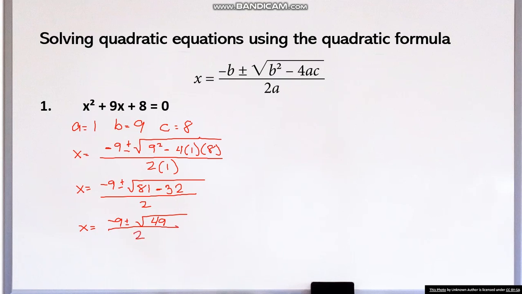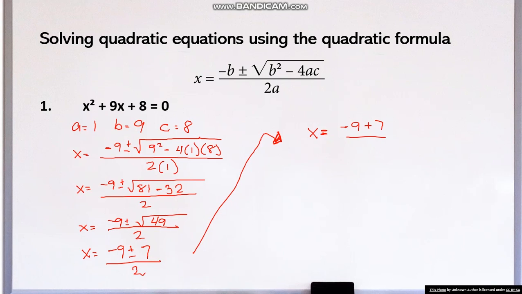Continuing this one, x equals negative 9 plus or minus the square root of 49, which is 7, so I'm going to have 7 all over 2. Now we're going to have two equations since we have plus 7 and minus 7. So we can write them like this. I'll proceed here on the right side of the slide. x equals negative 9 plus 7 all over 2.